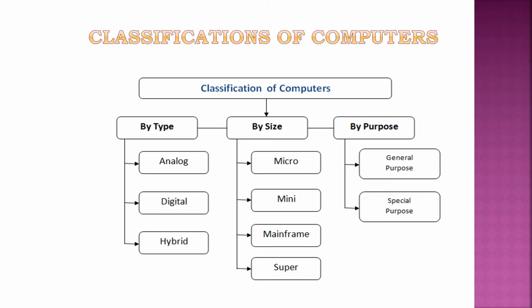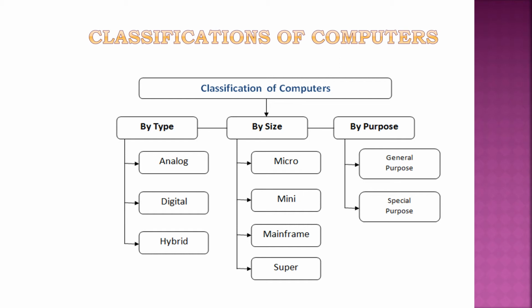According to the classification, we have three criteria: based on operating principle, based on application, and based on size and capability. Once you observe the diagram on the slide, we have three major categories: by type, by size, by purpose.